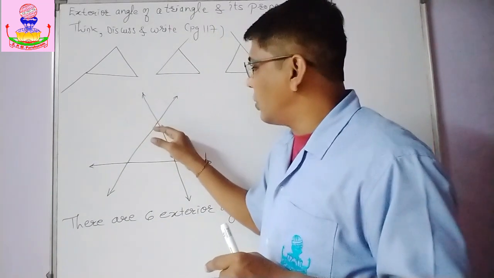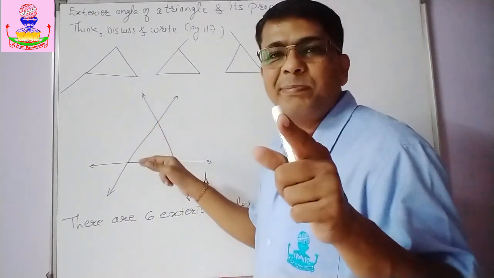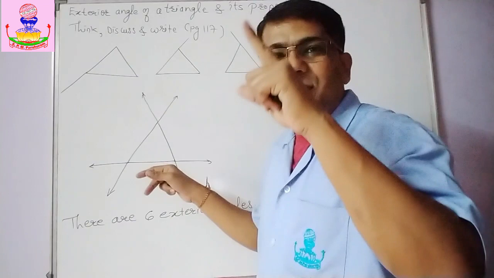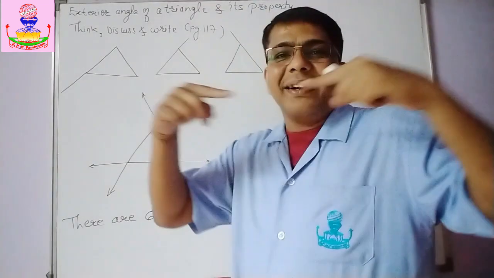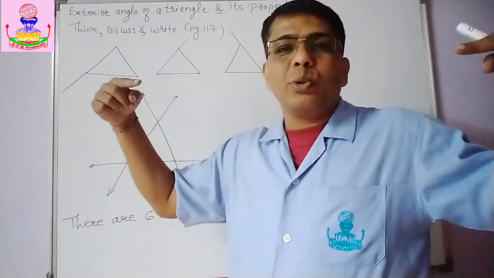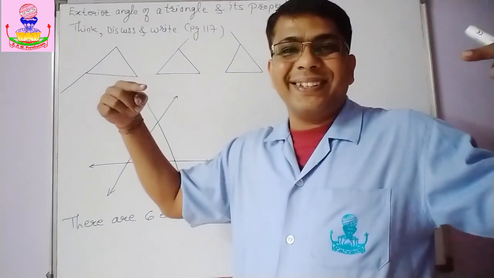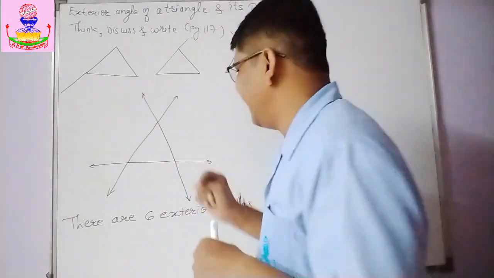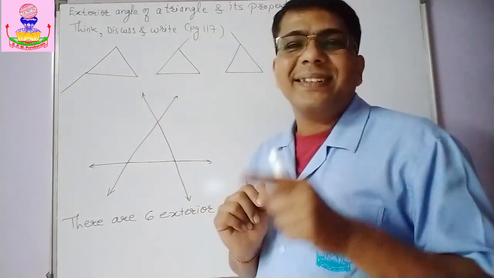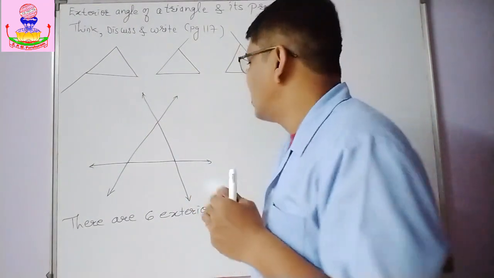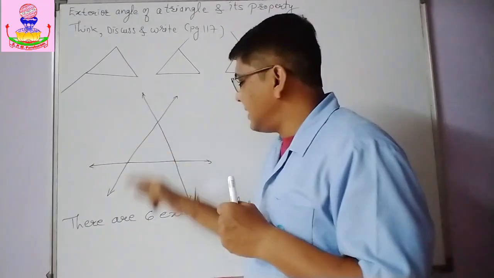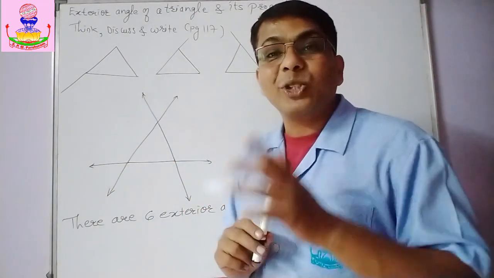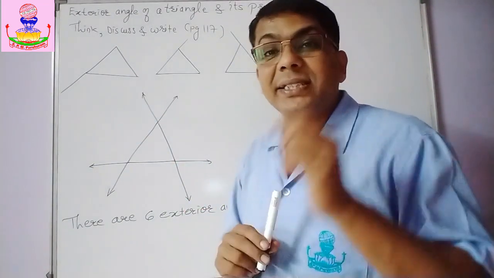Hence it is not exterior angle. Only these 2 are exterior angles because they form the linear pair. You know linear pair, which has got common arm and the outer 2 arms, the opposite rays. And the sum of the angles is, yes, 180. So they are linear pair angles, right? So now, there are 6 exterior angles.